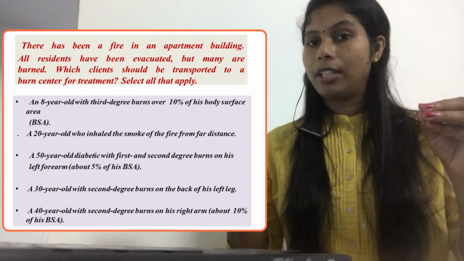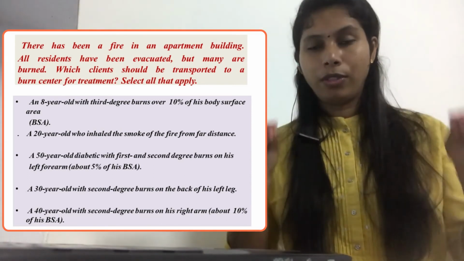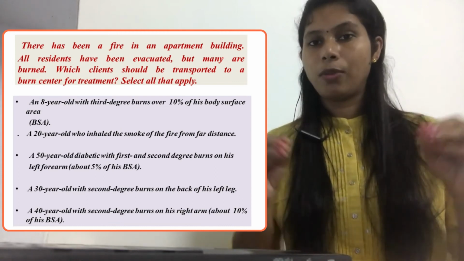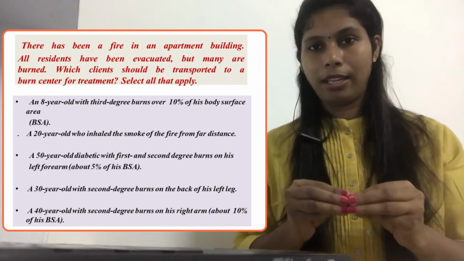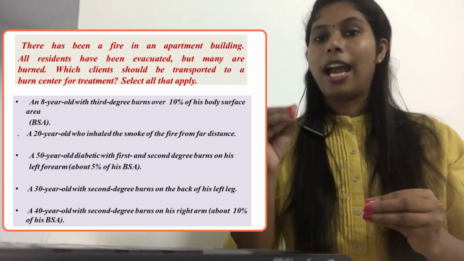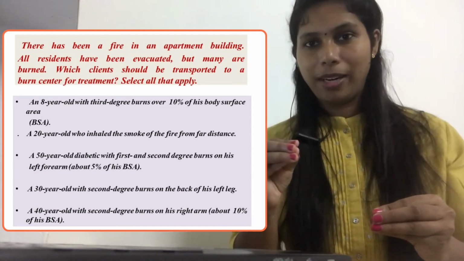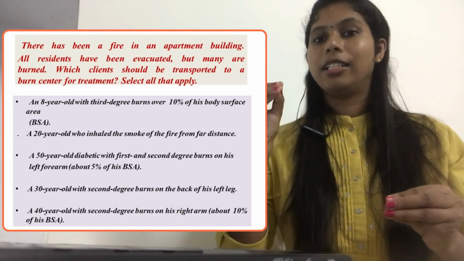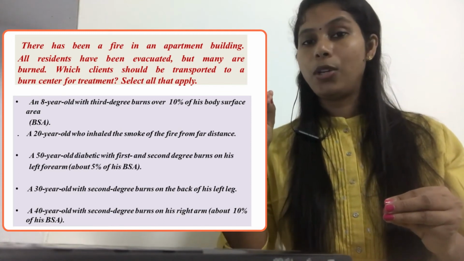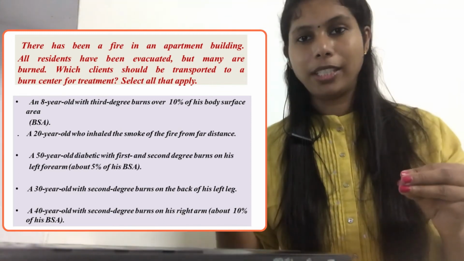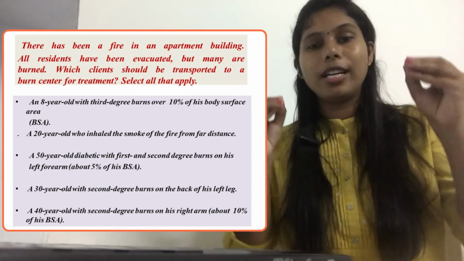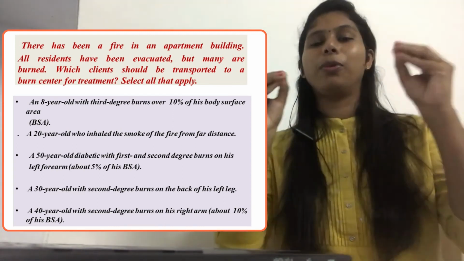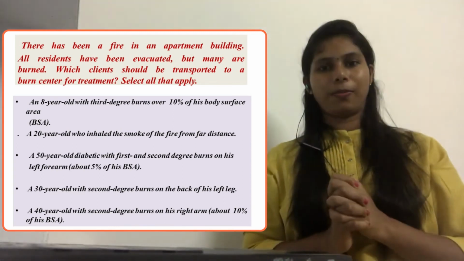If they are diagnosed with any of these problems, or even if they are not cases of any of these medical conditions but have second or third degree burns with a body surface area equal to or more than 5%, they should also be transported to a burn center for further interventions and treatment.